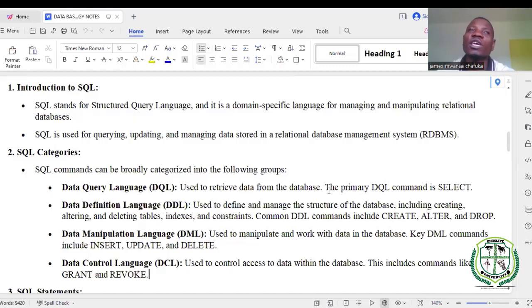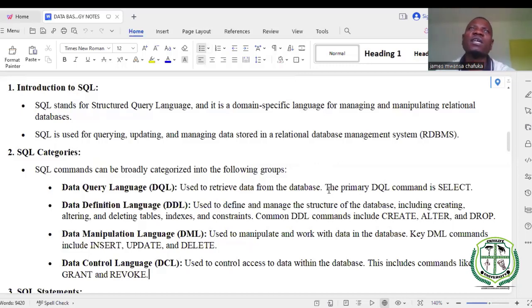The primary data query language command is select. If you want to retrieve the data from the database, you need to prompt the command which is select.